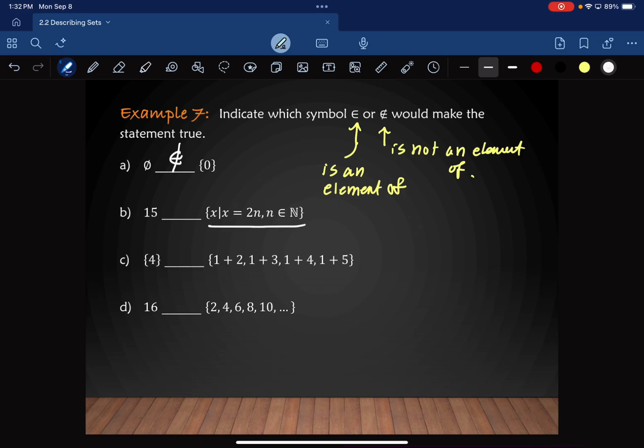Let's see what this does when we actually try some of those. If I put the number 1 in for n, what is 2 times 1? It's 2. If I put the number 2 in for n, what is 2 times 2? 4.